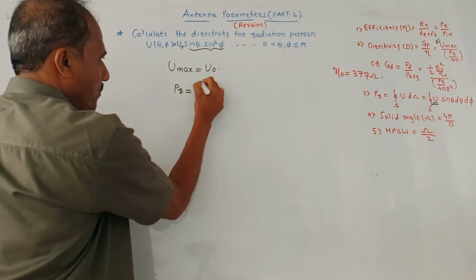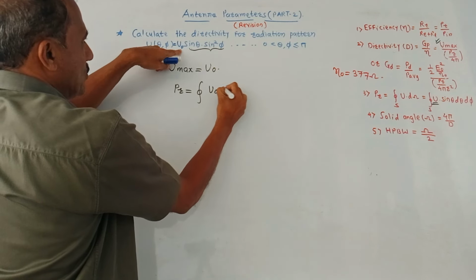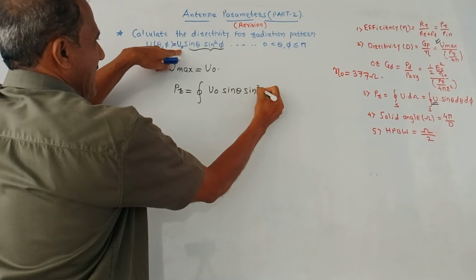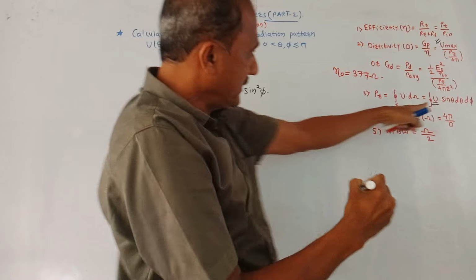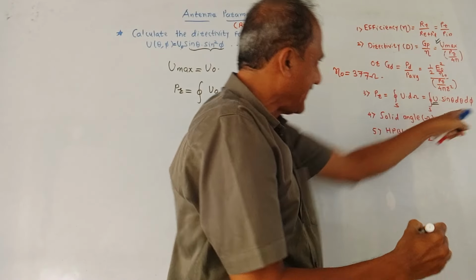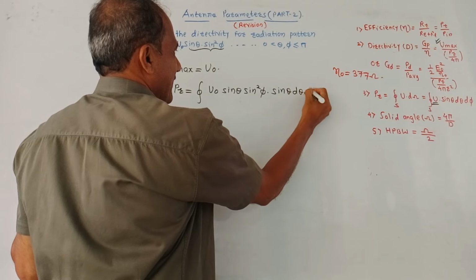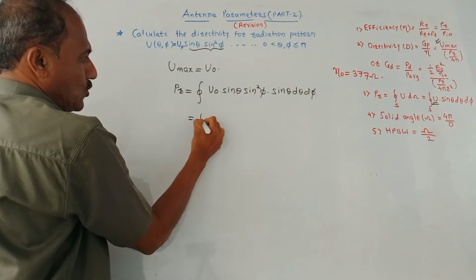That means I have to put the value of U. U is given as U0 sine theta sine square phi, into sine theta d phi, and the variation of theta and phi is given as 0 to pi.